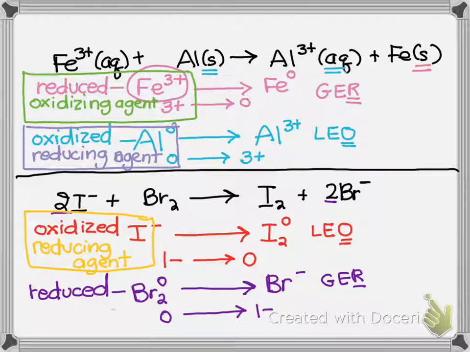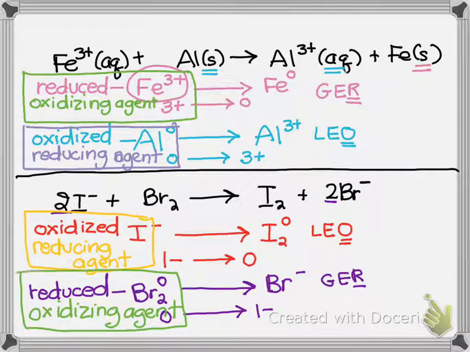And if you're reduced, you would be the oxidizing agent. And so they go together. So we can apply the first definition when we see that there are charges, because the charges help us identify if the electron is being lost or gained.